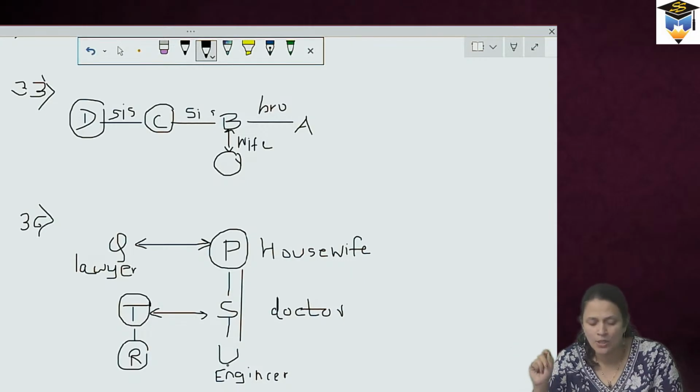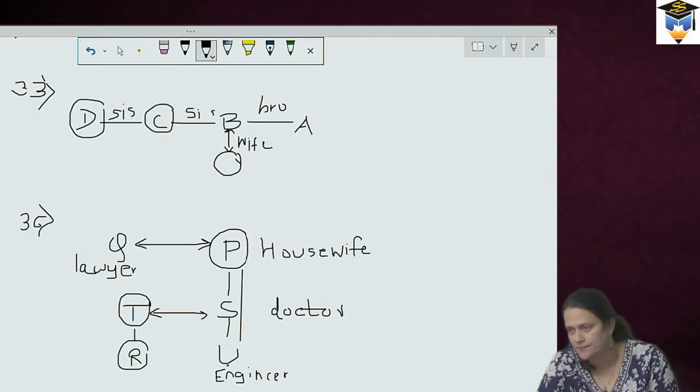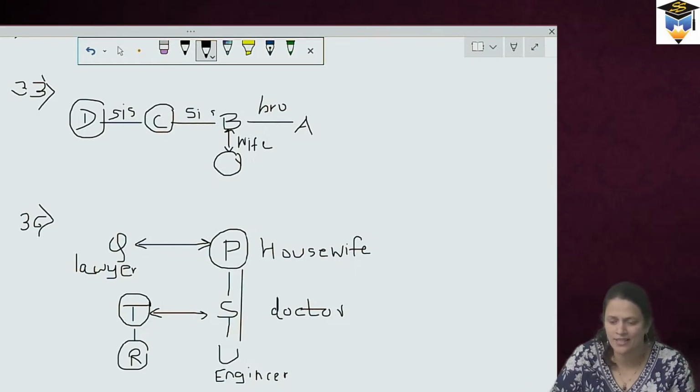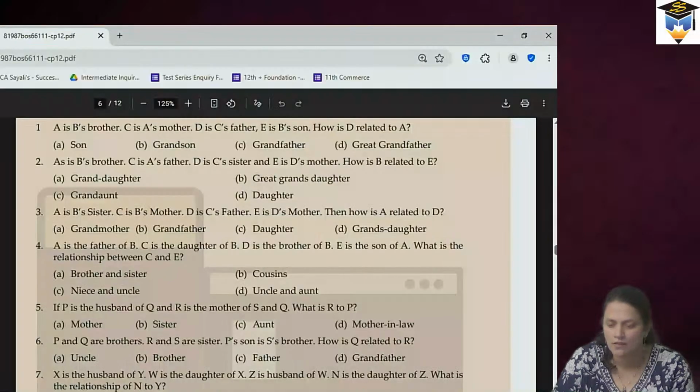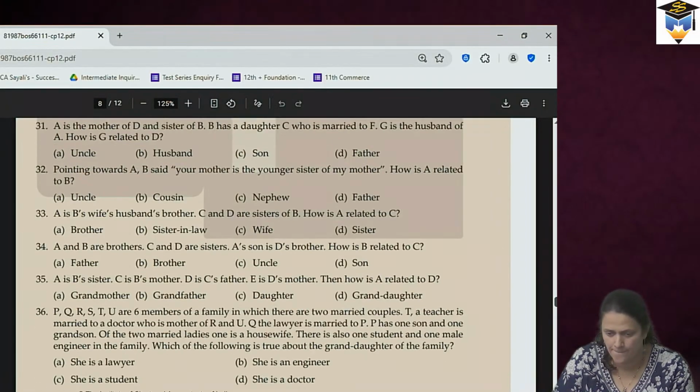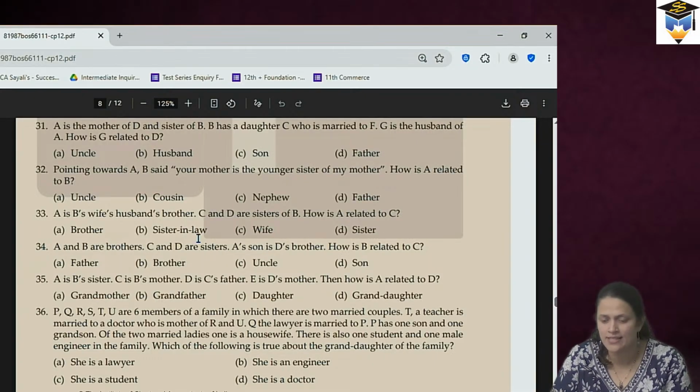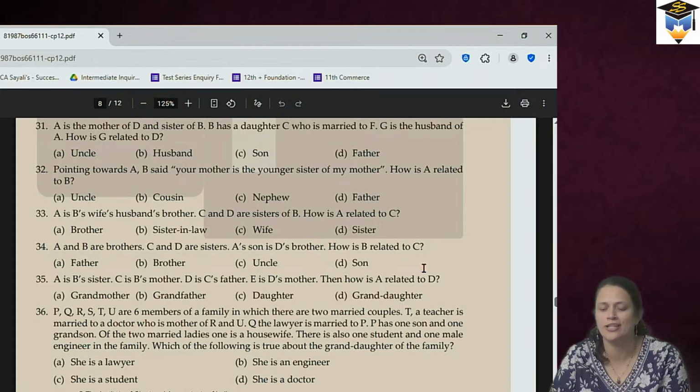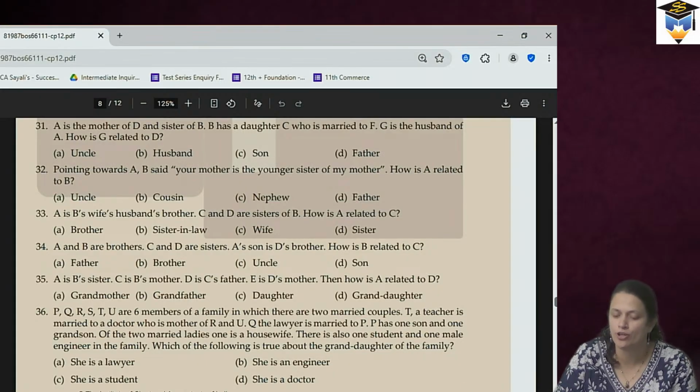आता आपल्याला क्वेश्चन काय विचारलाय? What is the question that is asked? Please read. Which of the following is true about the granddaughter of the family? Means they have asked whether she is a lawyer, an engineer, a student, or a doctor.